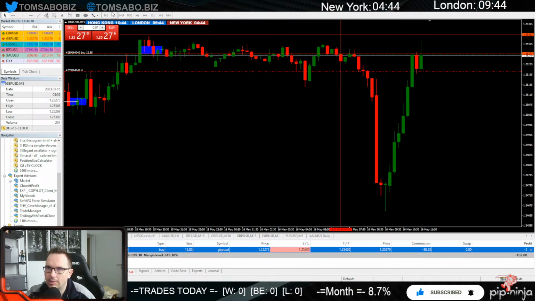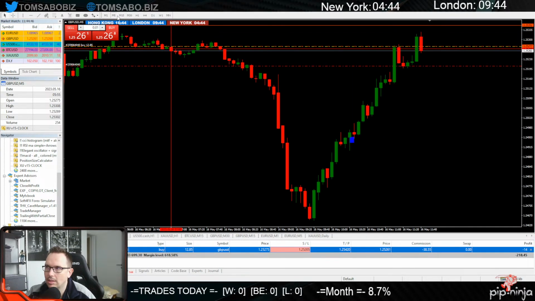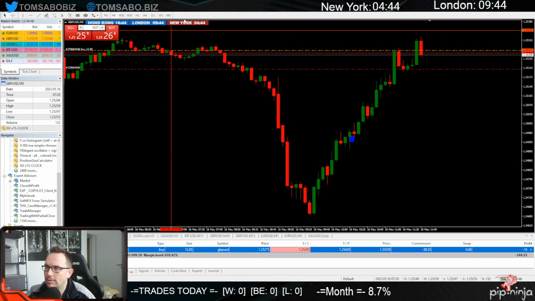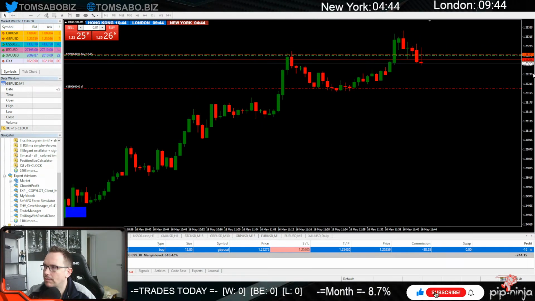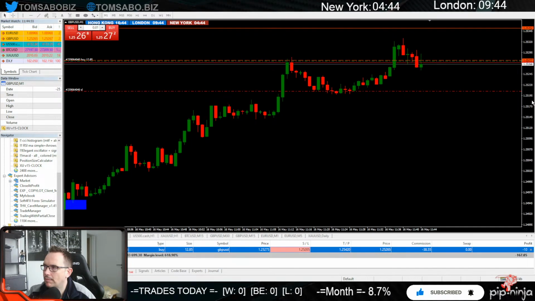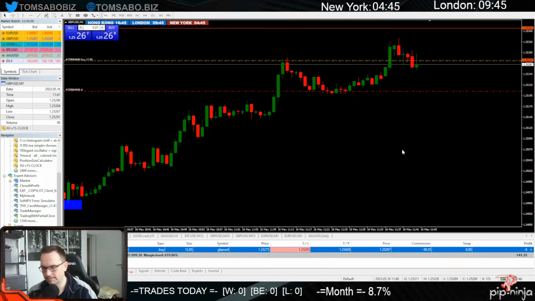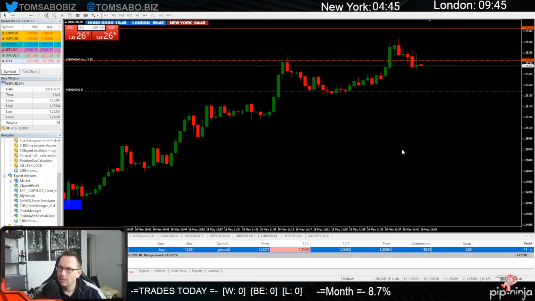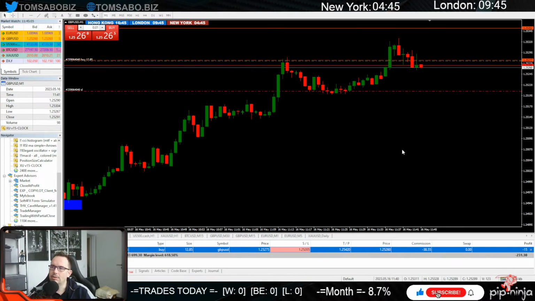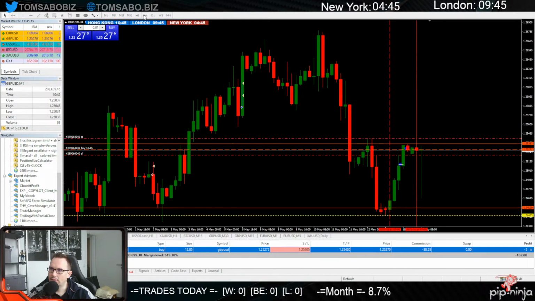Seems like it wants to take out those highs. I don't know. Could be mistaken. It doesn't need that much, only 7 pips. We're still in a good range, a good area. The 4 hour candle quite disturbs me.